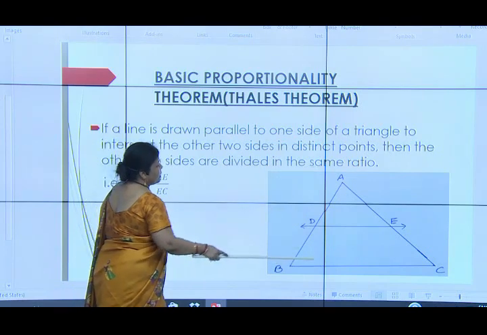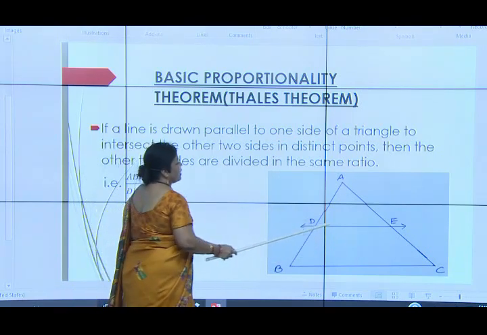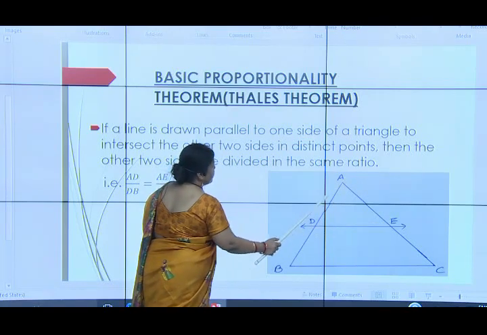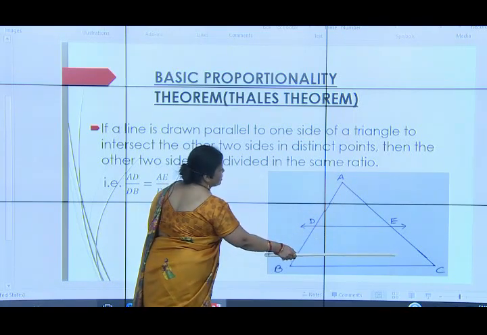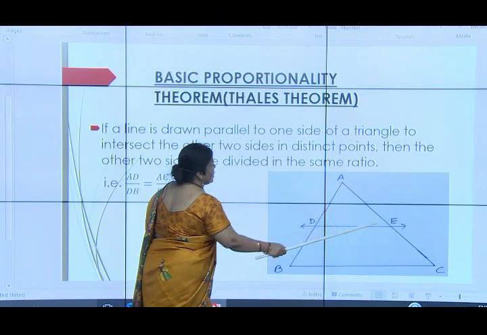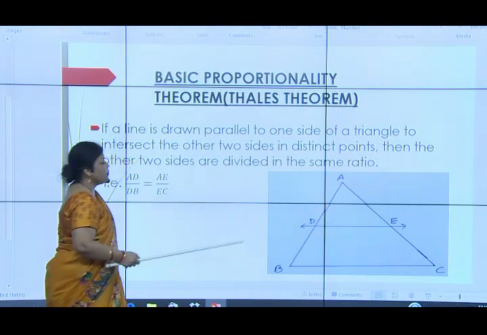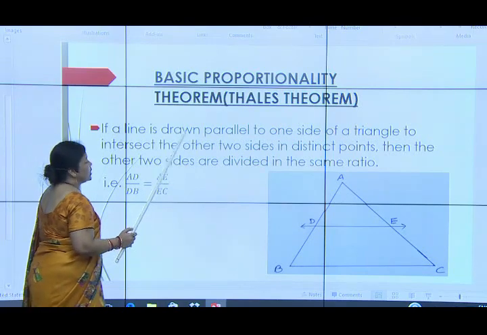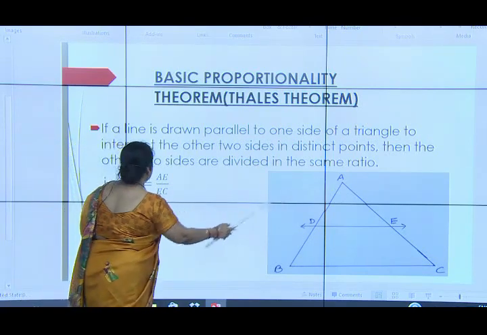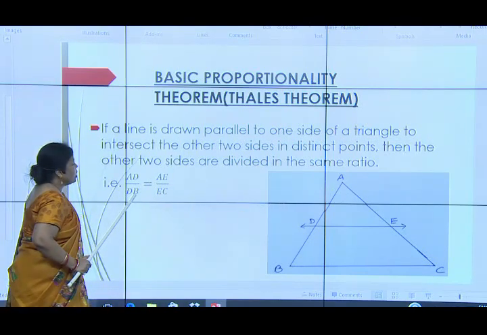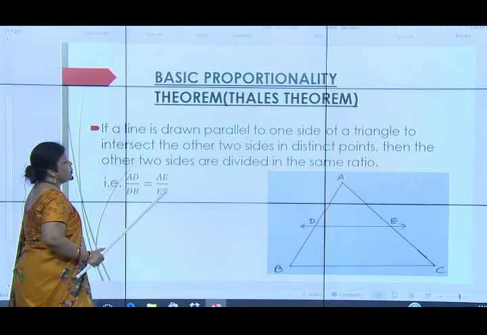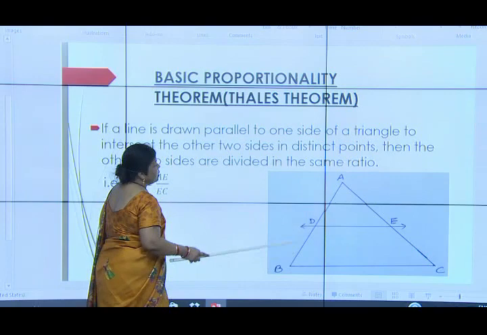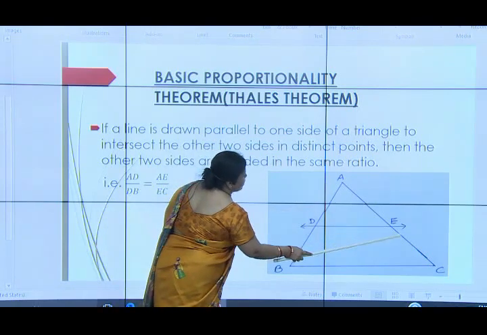Now in the triangle ABC, you can see that one line is drawn parallel to BC, that is the line intersecting AB and AC at the points D and E, and DE is parallel to BC. Then what we can prove through Thales theorem is that AD upon DB will be equal to AE upon EC.